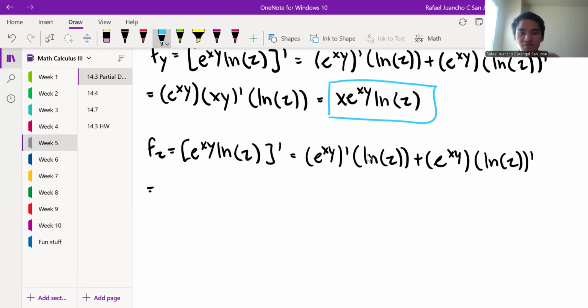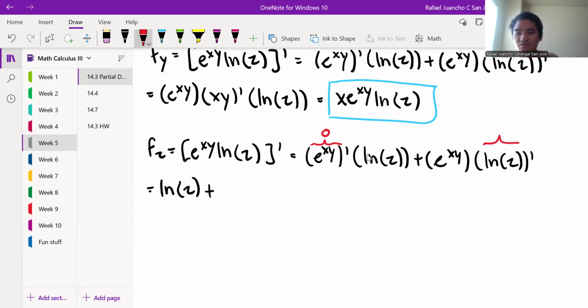So if this is a number, well then it becomes a 0, right? It's just a number. So I'm left with ln z. I add a plus. Then I have e to the xy and then this. Well, here I think of z as a variable. So when I take the derivative of this, I get 1 over z.